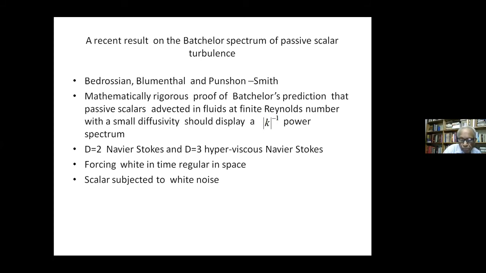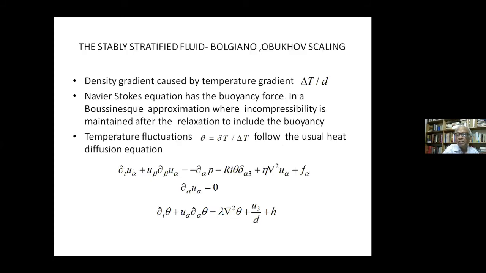So, all right, that prompts the next part of it, which is the stably stratified fluid, the Bolgiano-Obukhov scaling. Here the point is that there is a density gradient caused by a temperature gradient, a temperature difference of delta T over a length scale of D, and the additional feature is that the Navier-Stokes equation will have a buoyancy force.